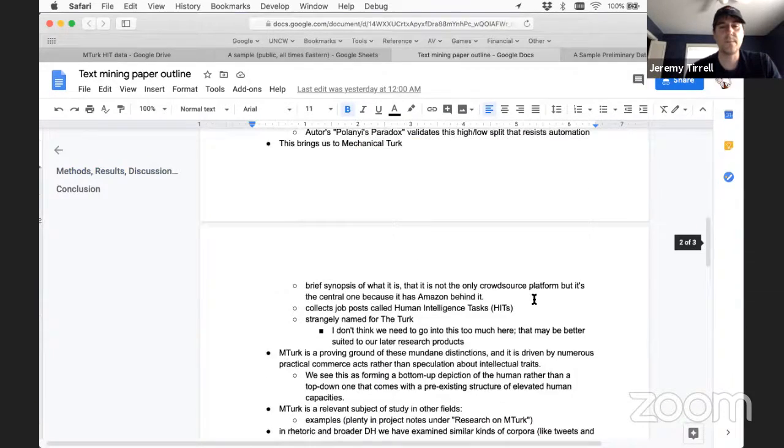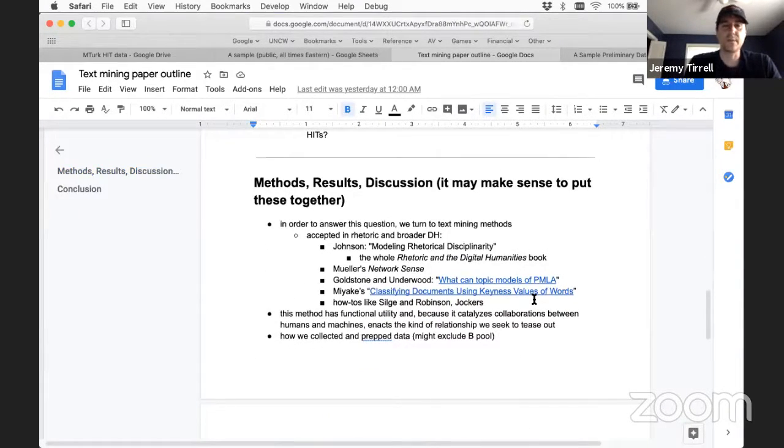And so we were down here in the combined methods, results, discussion section, and the reason it's set up like that rather than treating those as discrete units is that since we're using different methods, it makes more sense to say, here's what we did, here's what we found, and here's what we think, then move on to the next section, rather than describe how we looked at the data as a whole through frequency, then the tiers, then the words, and then move on to the results of each. It doesn't make sense to structure it that way.